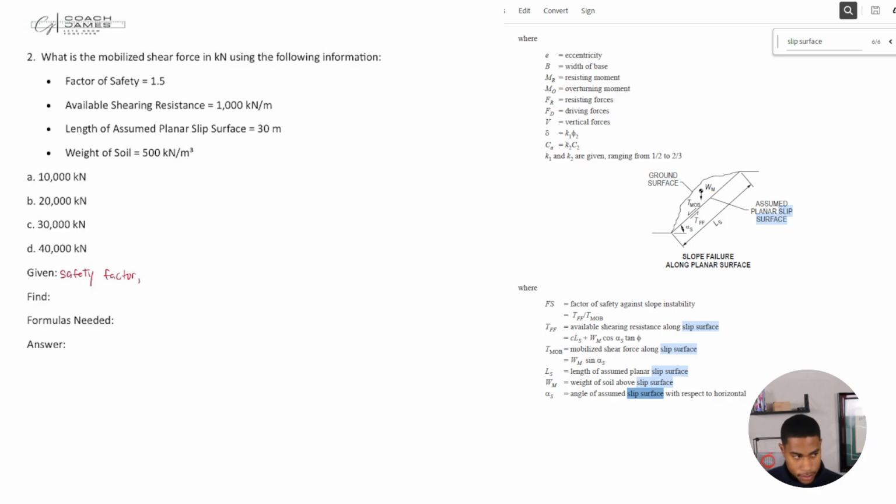We are also given a shearing resistance, SR. We're given the length of assumed planar slip surface, and we are given the weight of soil. So we're trying to find the mobilized shear force.